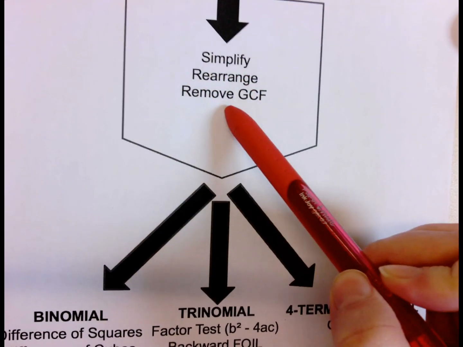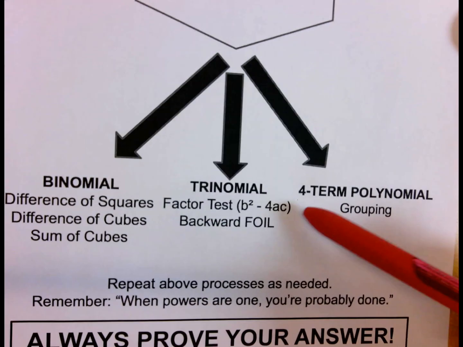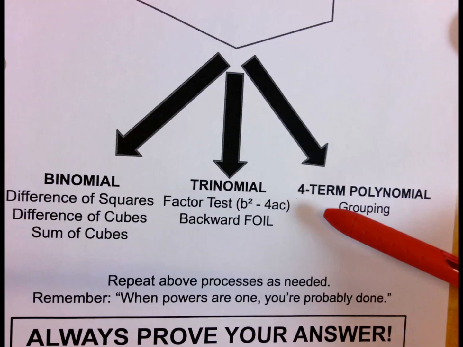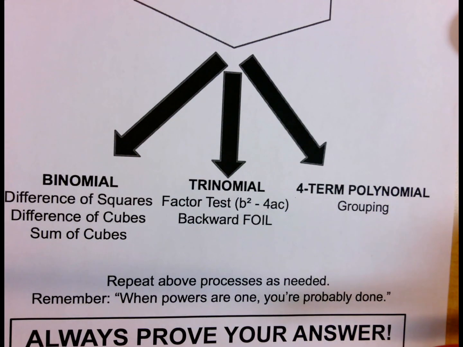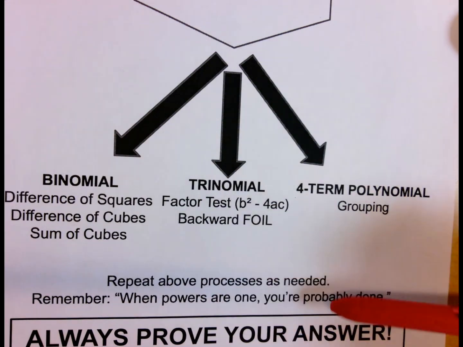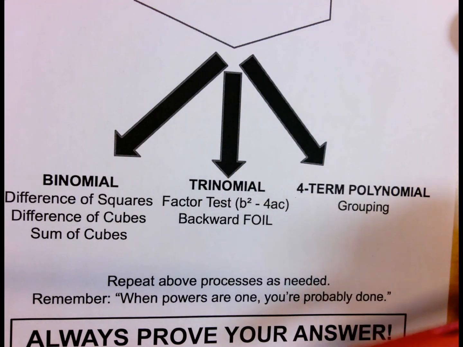Simplify, rearrange, remove the greatest common factor, and then whatever you're left with, check to see if it can be factored again. Okay? And when your powers are 1, you're probably done. Sometimes you'll be done before that, but we just want to make sure that you've worked through it as many times as you can and factored it as far as it can be factored.